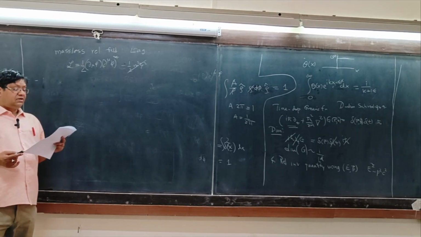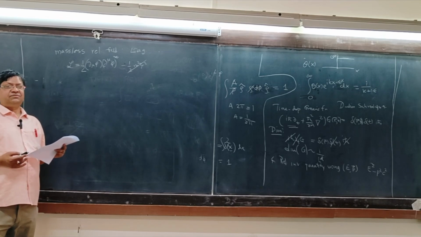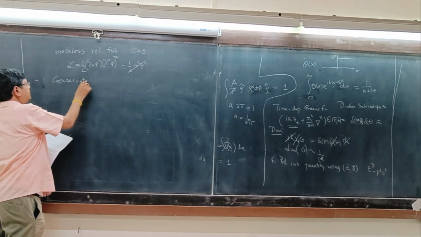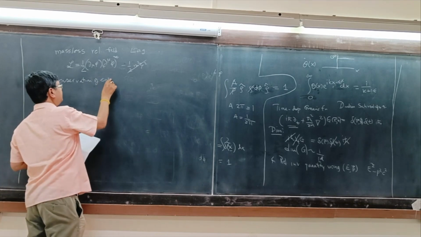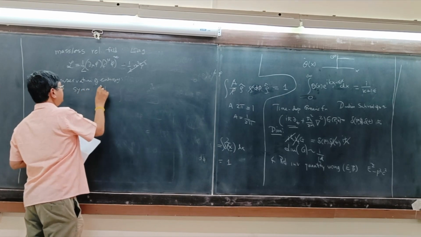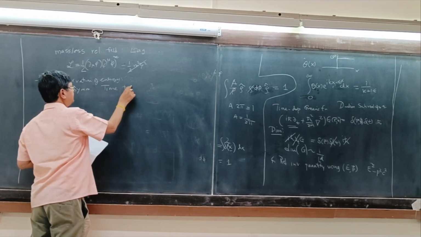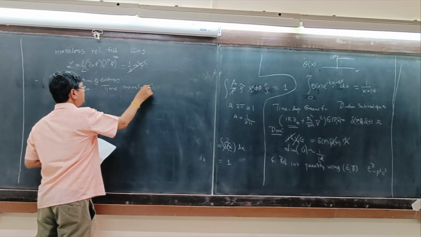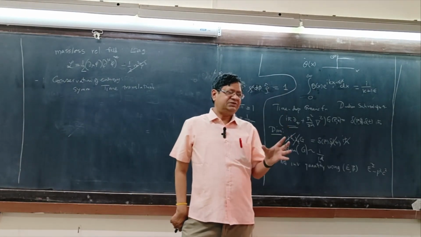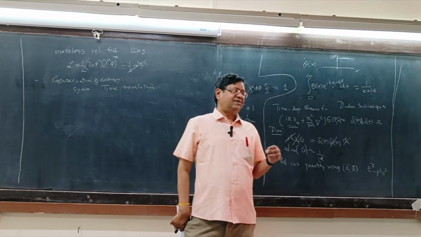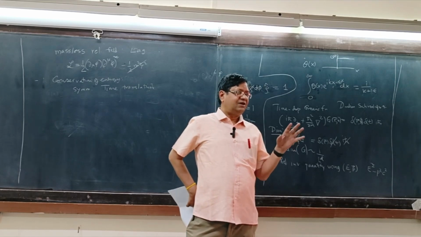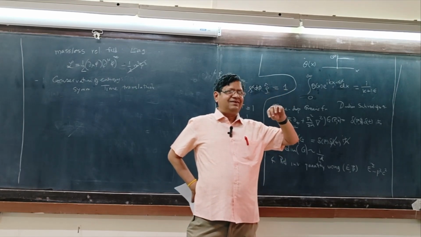In field theory, conservation of energy is related to which symmetry of the Lagrangian? The symmetry is time translation. That means if you take a full system and do the experiment today or tomorrow, you will expect the same result, keeping the same system.